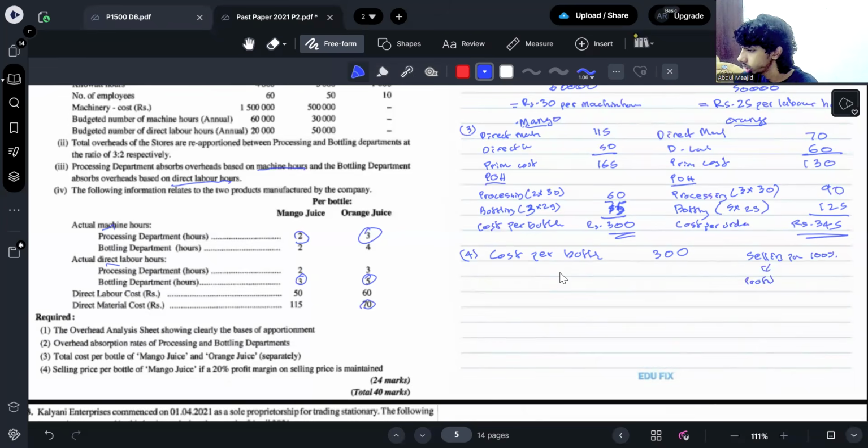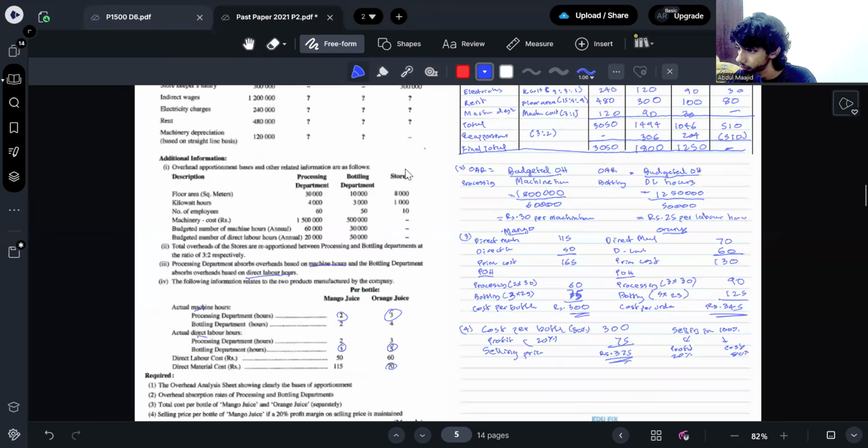Profit will be 20% of selling price. The remaining 80% will be the cost of that bottle. So cost of the bottle is 80%, and you're supposed to add a profit of 20% to it, 300 divided by 80 multiplied by 20, that is 75. Then you can get the selling price, rupees 375. Okay, so we are done with the second question as well.